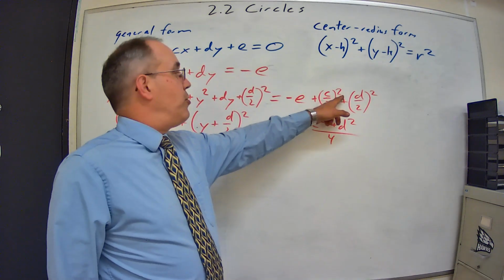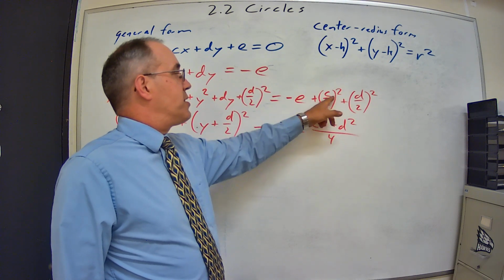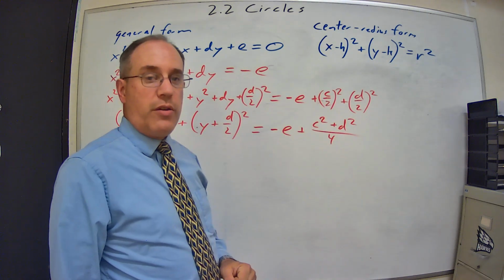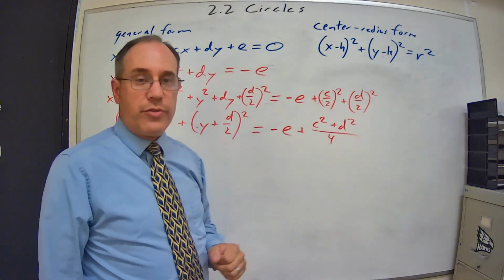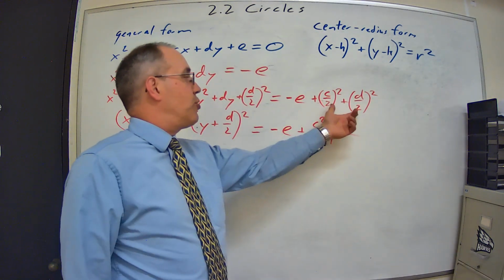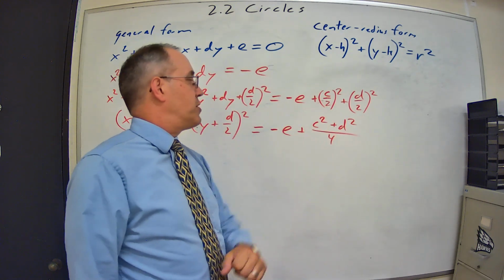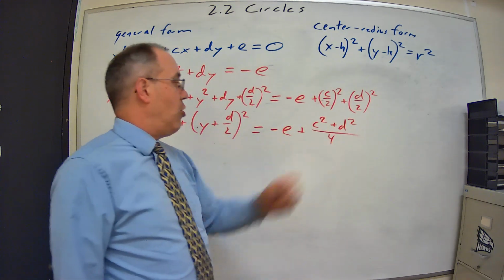I used the power rule and said c over 2 squared is the same as c squared over 2 squared, and d over 2 squared is the same as d squared over 2 squared. 2 squared is 4. So a common denominator of 4, leaving me with c squared plus d squared over 4.